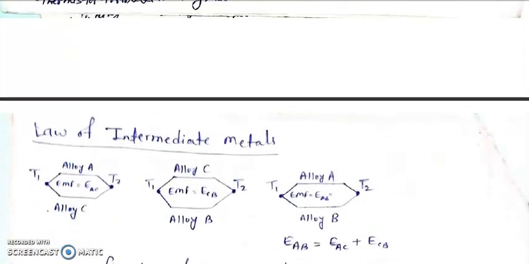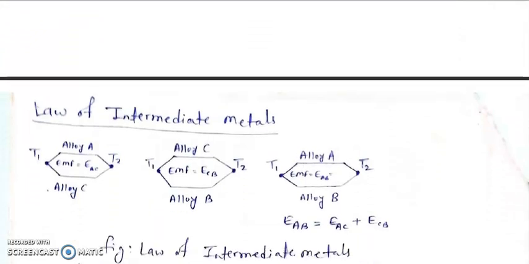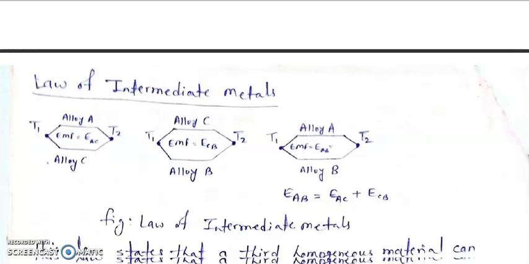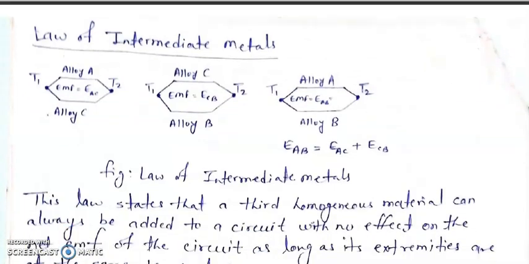Now again I am jumping to thermocouple. In thermocouple, there are two different laws. First law is the law of intermediate metals. I am describing the law for thermocouple here.